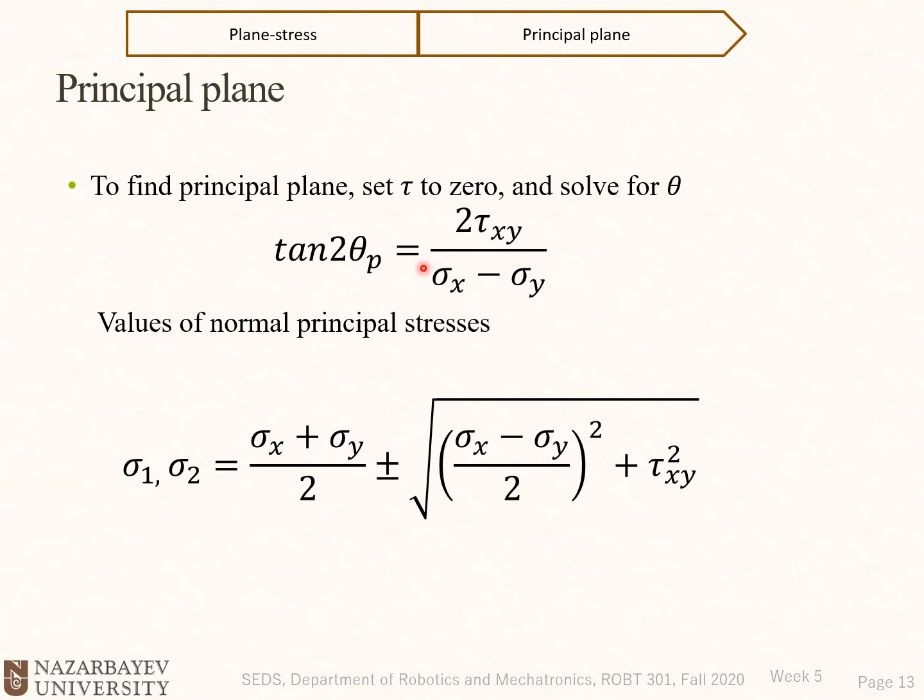What you need to do is just plug this equation into the sigma x prime function to find the principal normal stresses. And we just call those principal normal stresses sigma 1 and sigma 2.